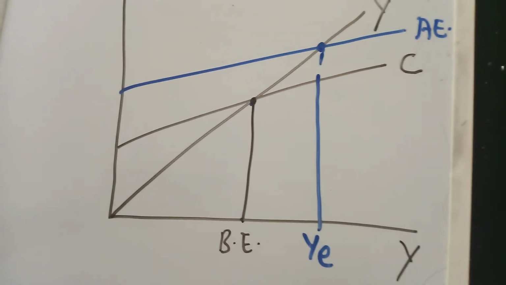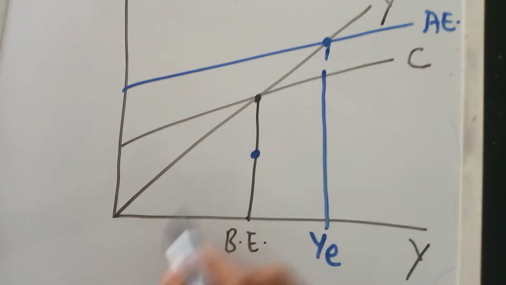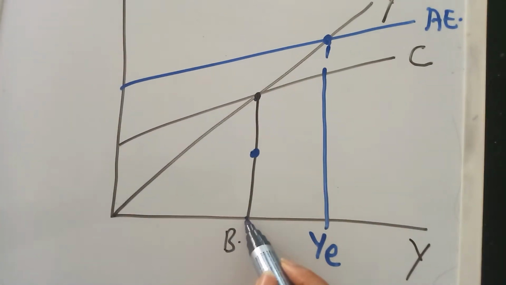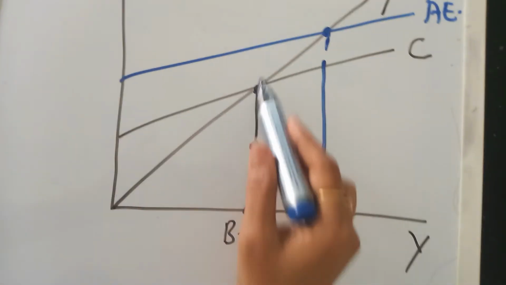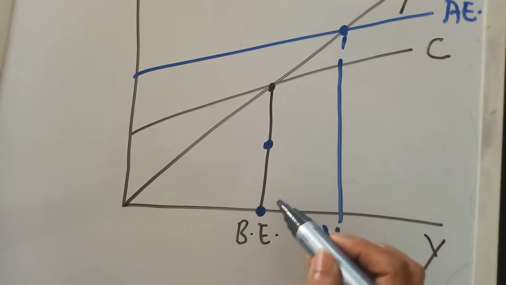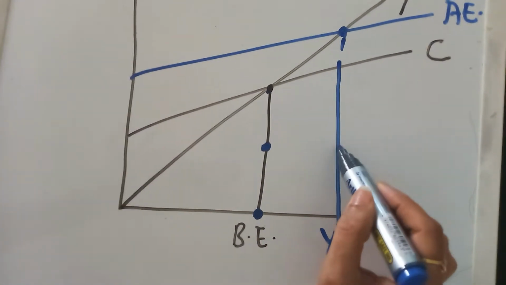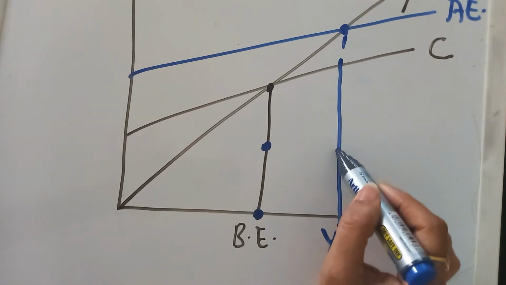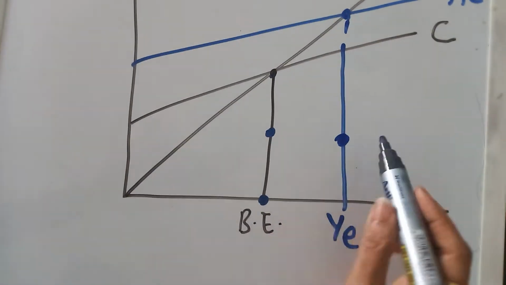Let's look at this. For break-even, we know that savings must be equal to 0. Similarly, at the equilibrium income, savings must be equal to investment. So let's put it up here as investment, for example, right?